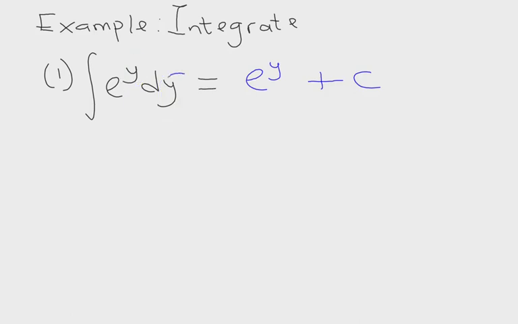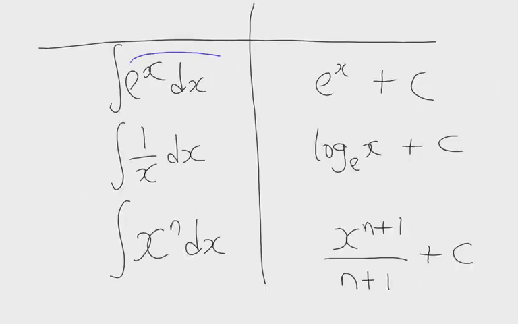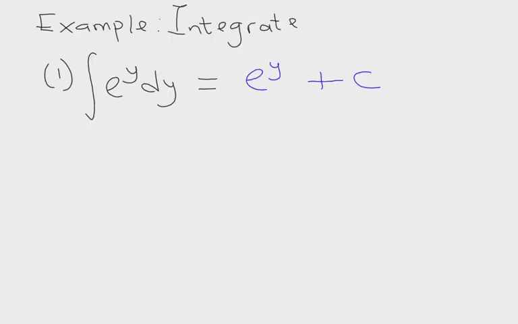So the variable that is here will be the one that we are integrating with. So in this case, there is y here. If there is no y here, then this e is going to be a constant. But because there is y here, the integral of e power y is e power y. Now compare it with this. We observe that it's e power x.